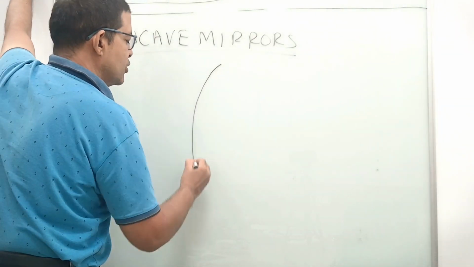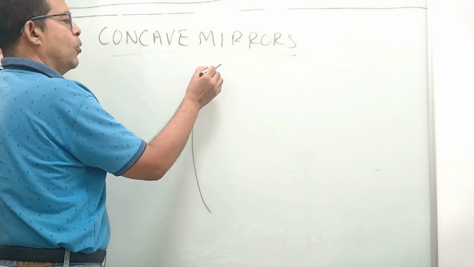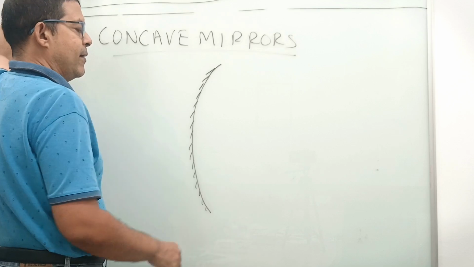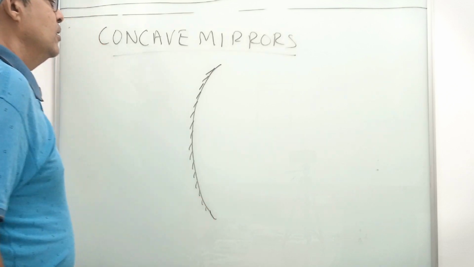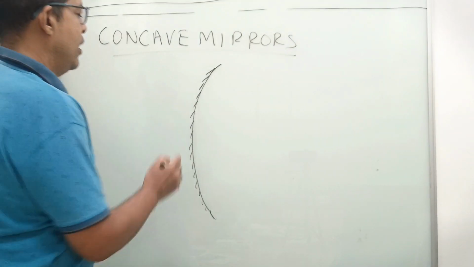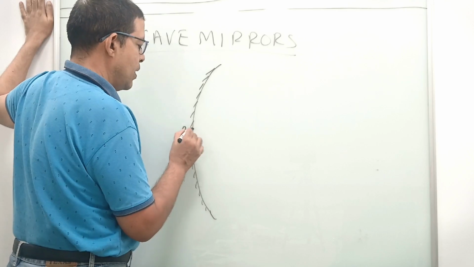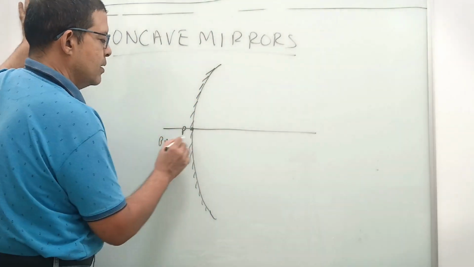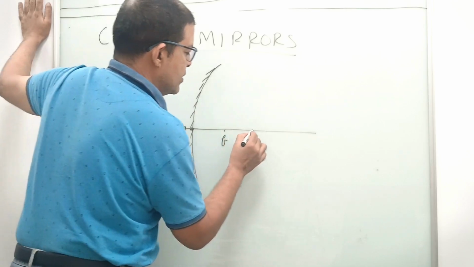The polished side is this way. Right? This is the concave mirror. Here we have the pole, here you have the principal axis, this is the focus, this is the center.